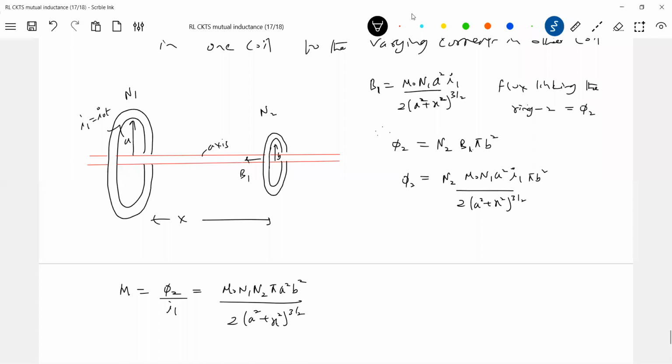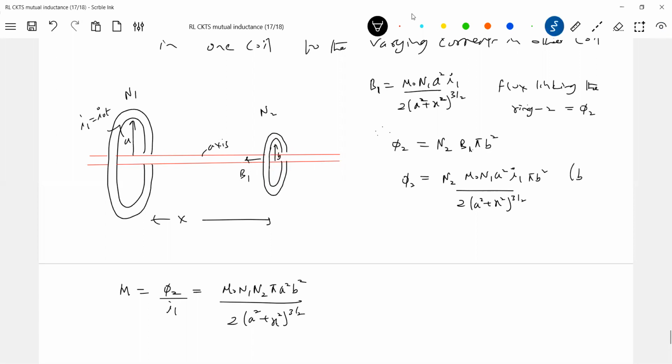Means, sir, if I send current in the second coil, can you calculate the flux linking the first coil? We can calculate. But here, one very good question you can ask: where is the B bar? B bar is at the center of this ring, no? And what about B bar somewhere else inside the ring? It should be different. But what I assumed is that B bar everywhere inside the ring is constant, which practically will not happen. So what is the basic assumption we made here?